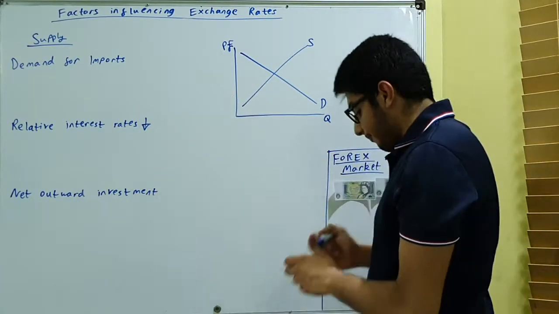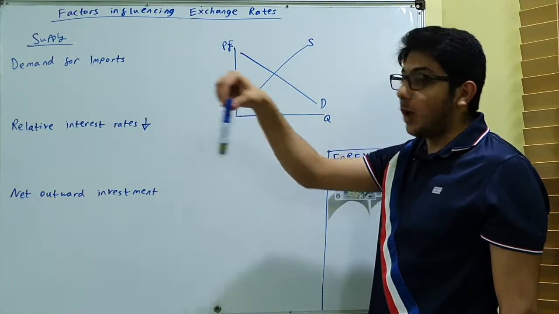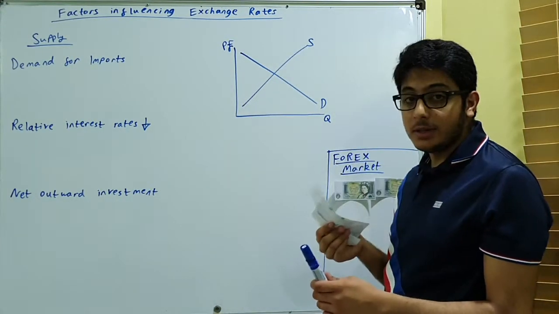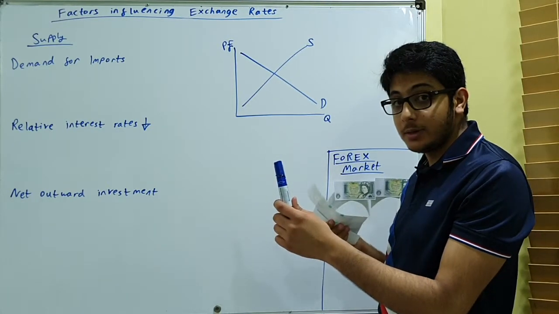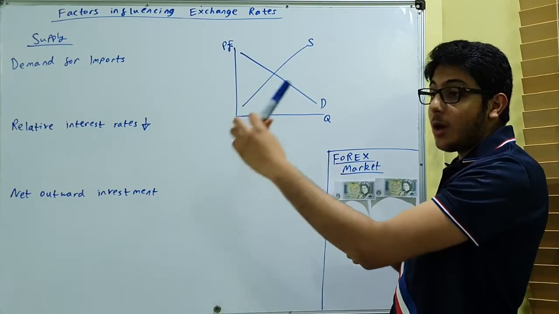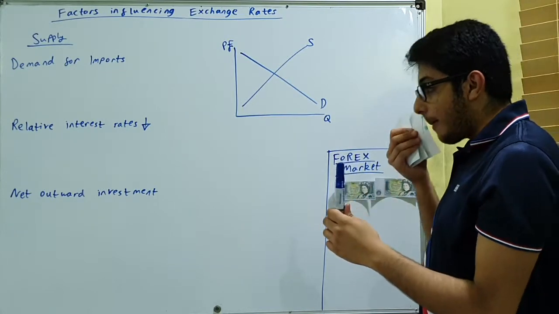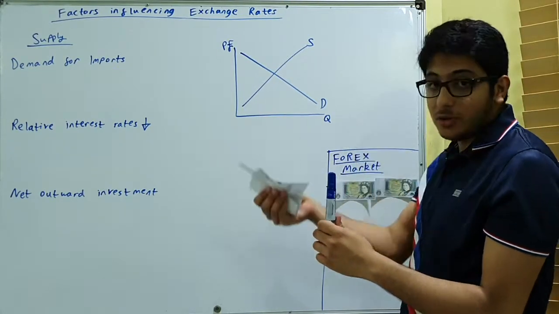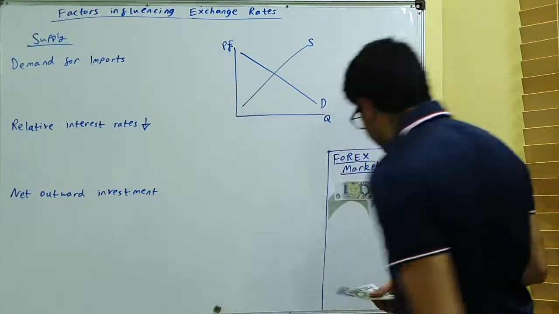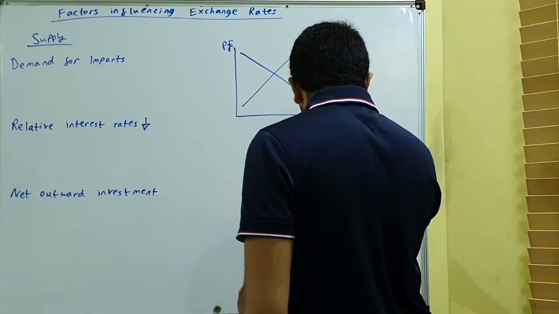So, demand for imports. So we're the UK. This pen is being exported to us. We can't pay in pounds, we can only pay in dollars, because it's a US export coming to us, and it's now an import for us. It's being imported into our country, so we need to exchange our pounds for the dollar in order to buy it. So what happens is, we go to the foreign exchange market, we exchange some of our pounds for dollars.